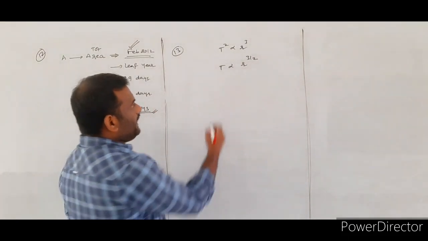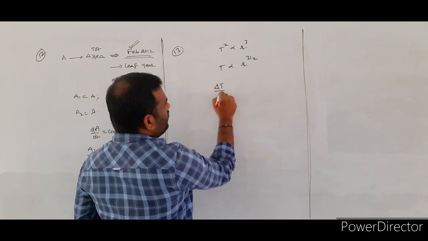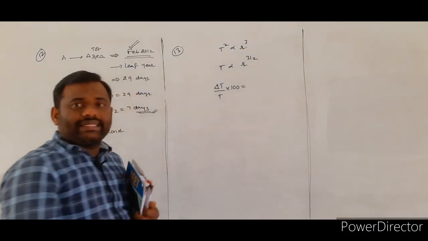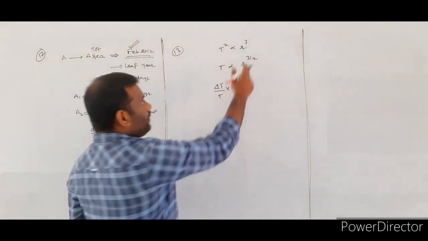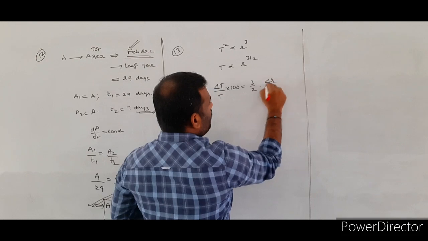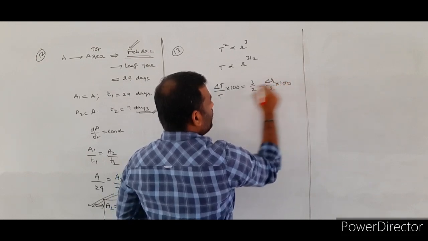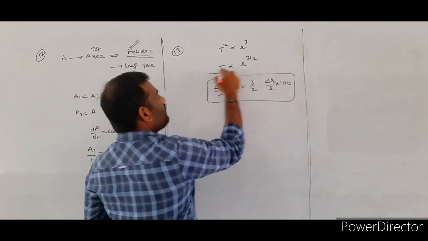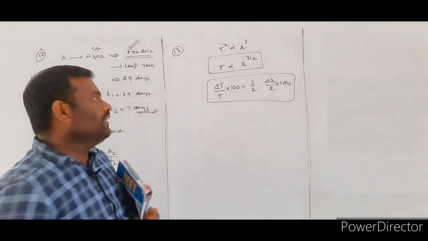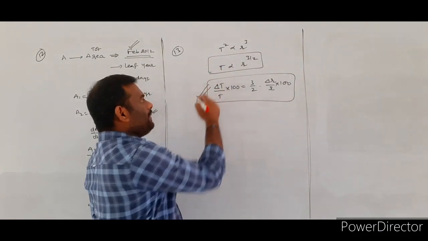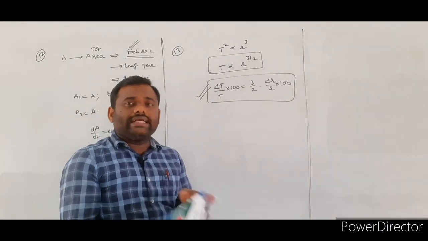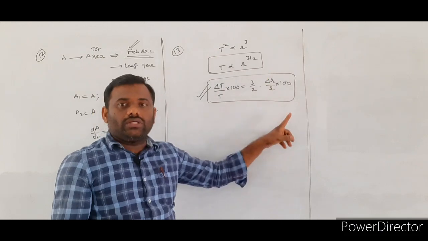From this we will write the percentage change in time period is equal to its power value, 3 by 2 into delta R by R into 100. Whenever time T is directly proportional to R power 3 by 2, the percentage change in time period is given by this formula: delta T by T into 100 is equal to 3 by 2 into delta R by R into 100.